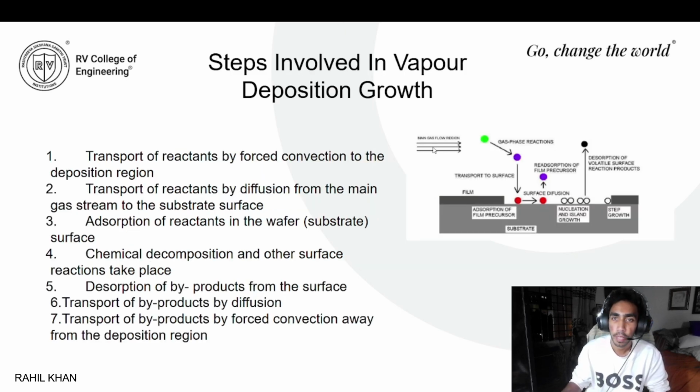So as you can see, here is the main gas flow. It consists of the precursor gas that is used to transfer the main gas onto the substrate. So as the gas flow enters the chamber, here the gaseous phase reaction takes place and the gases are diffused onto the surface of the substrate where they react with the substrate and settle in over here, whereas the precursor gases that are used to transfer the gas are dissolved from the surface and are moved out through forced convection or vacuum pump.